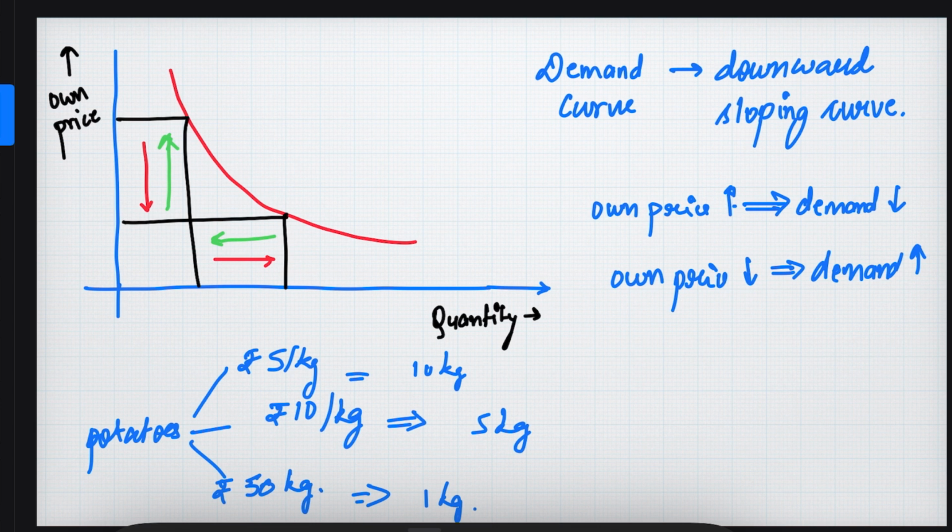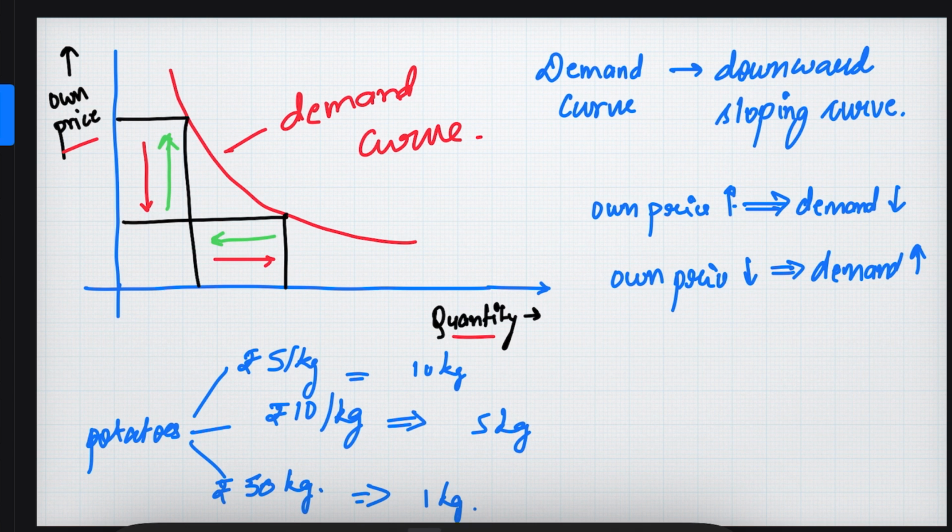Now, considering the inverse relationship between the quantity demanded and the own price of the good, we have a downward sloping curve of demand. This is the demand curve. If you plot own price against the quantity demanded, then we will get the demand curve as a downward sloping curve.